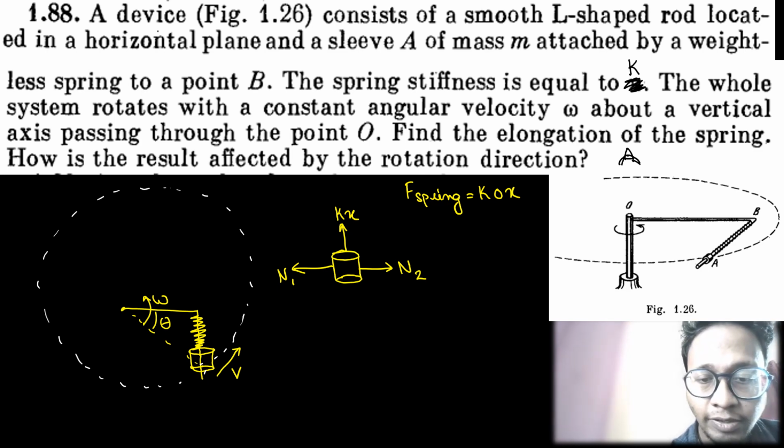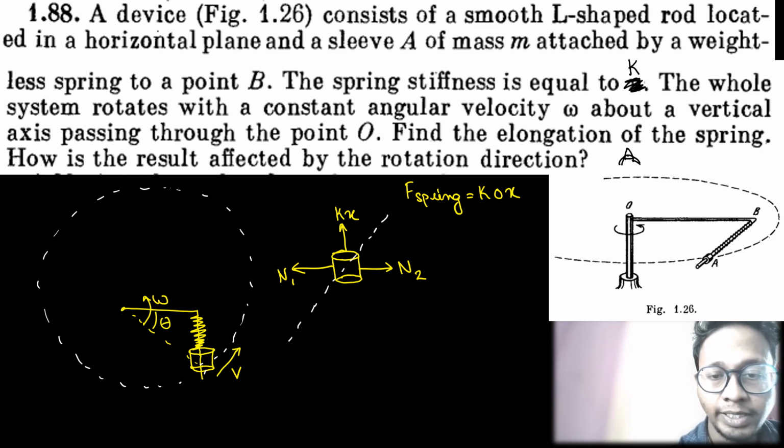So the velocity along this direction is constant. There is no component of tangential acceleration. So somehow this spring force must be cancelled out by normal reaction force, because there are no other forces acting on this body. Mg force is acting, but that is inside the plane of paper.